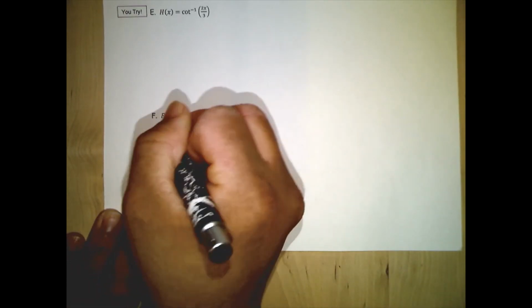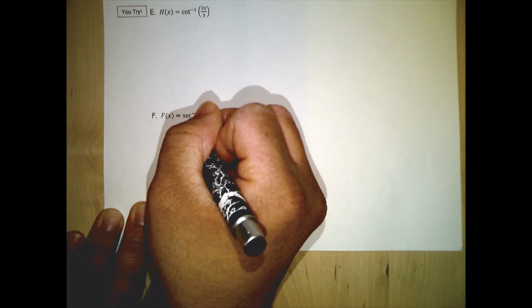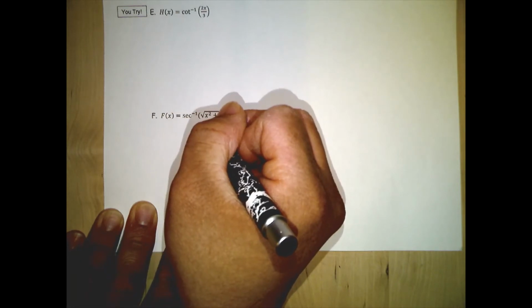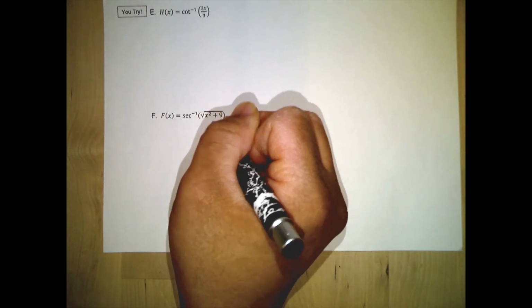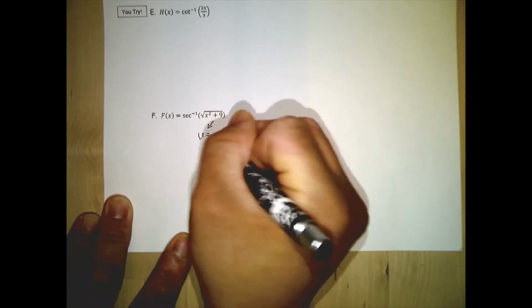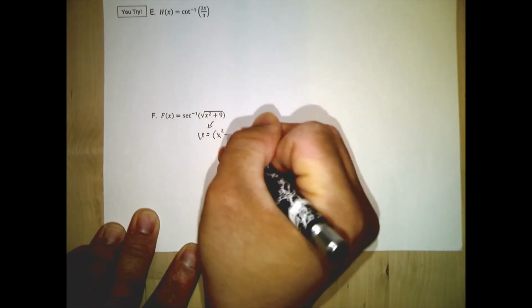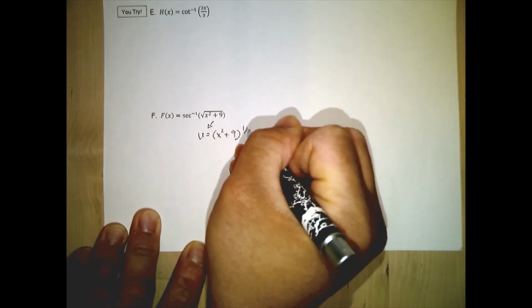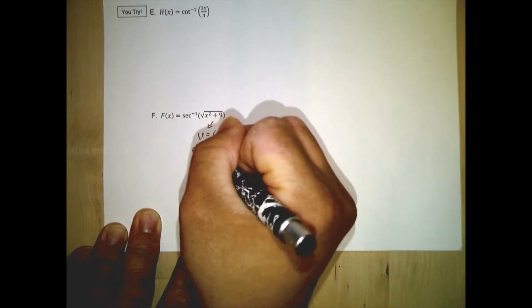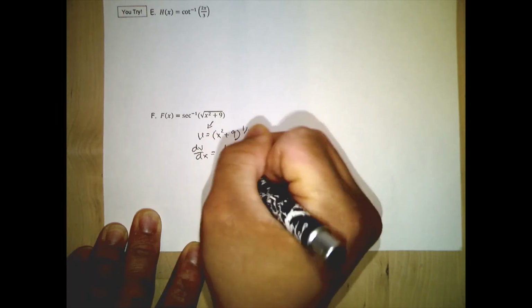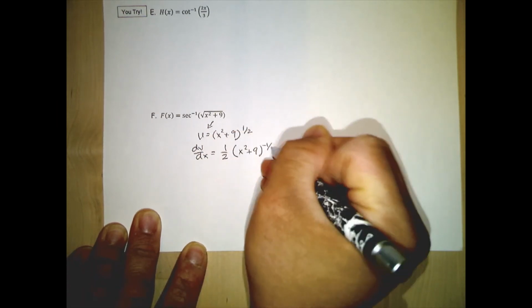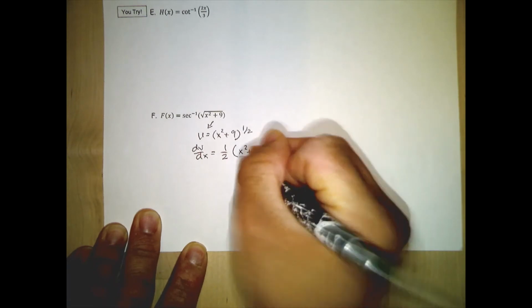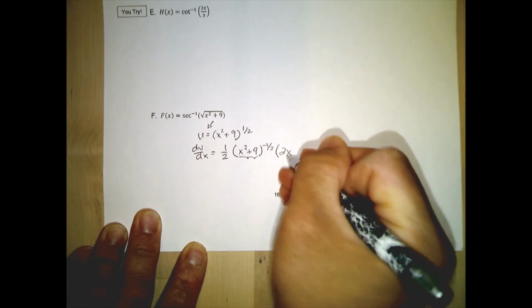The derivative of f of x equals secant inverse of the square root of x squared plus 9. So let's let u be x squared plus 9 to the 1/2 power then. So du dx is 1/2 times x squared plus 9 to the negative 1/2 power times the derivative of x squared plus 9, which is 2x.